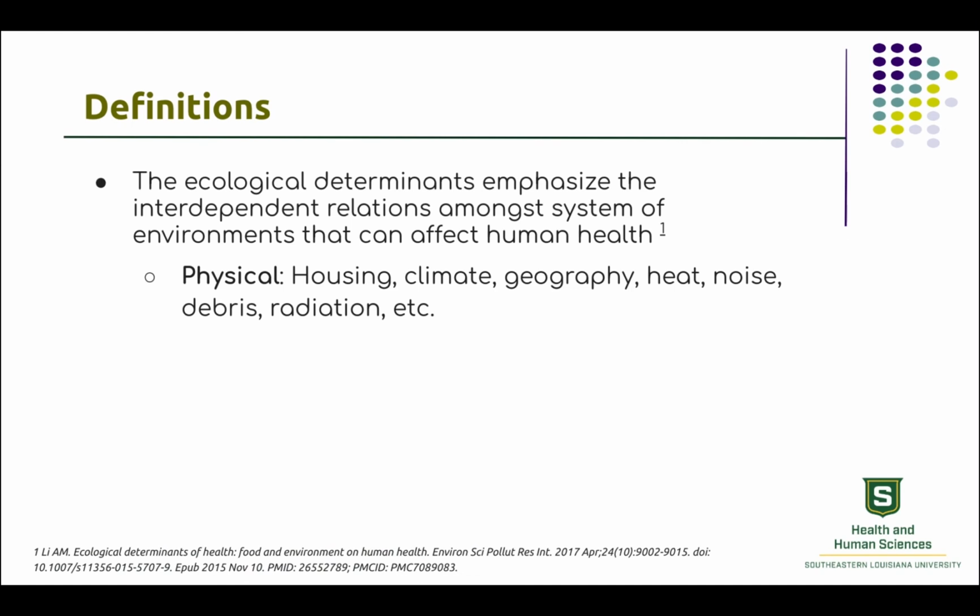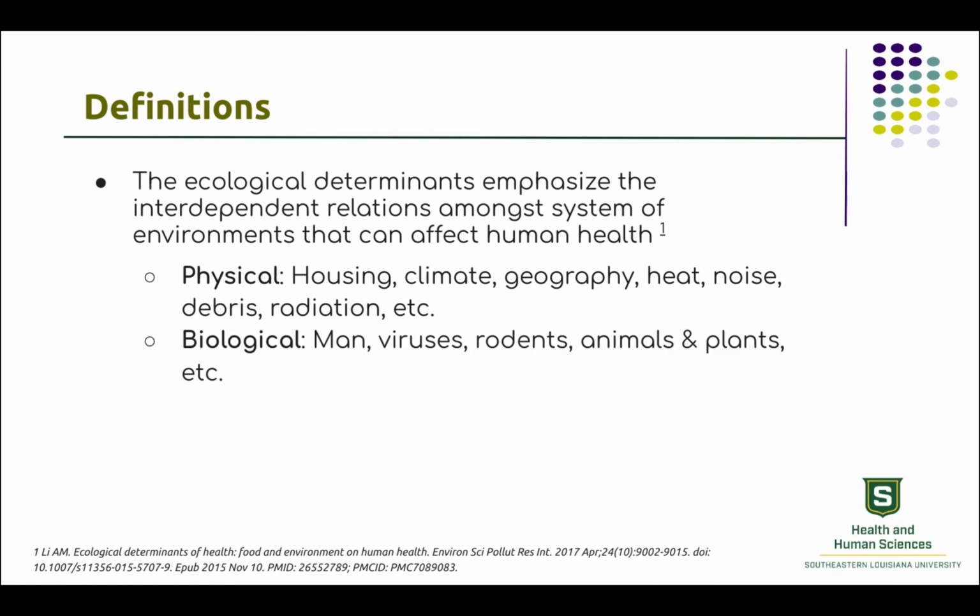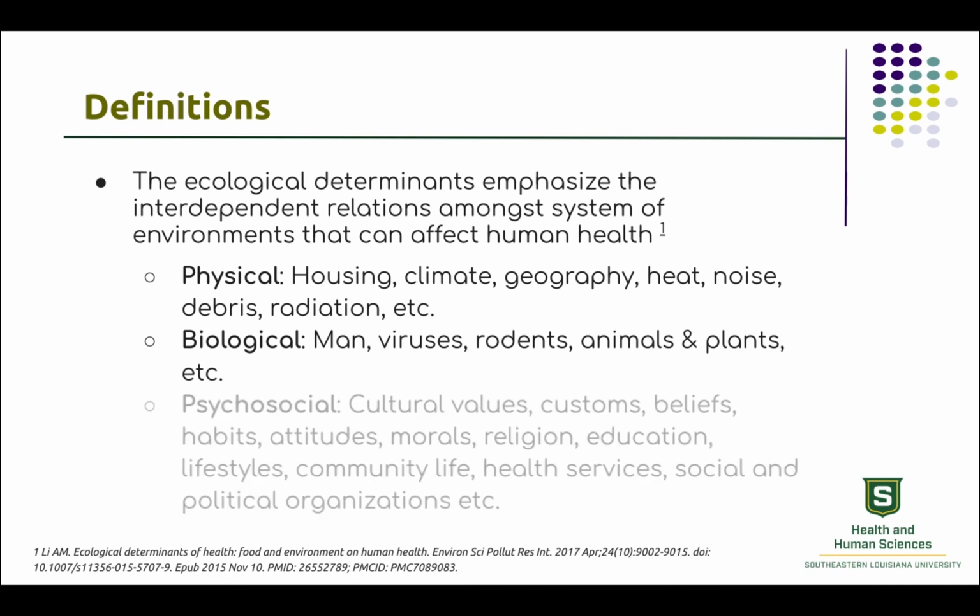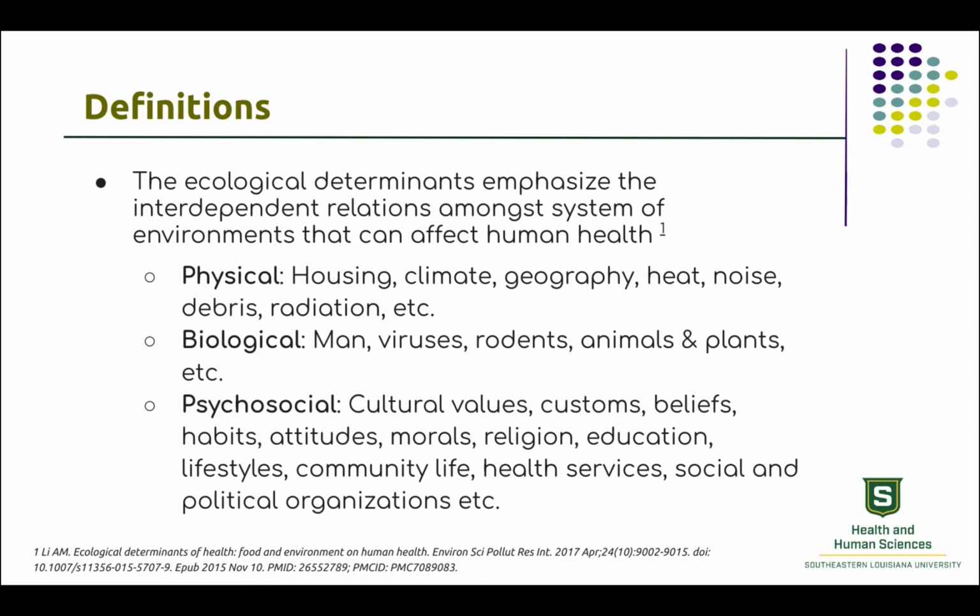In terms of the physical components, they are looking at terms like housing, climate, geography, radiation, and then with the biological, we're talking about viruses, and stuff like that. And then you have the social, psychosocial, where we're talking about cultural values, education, and stuff like that.